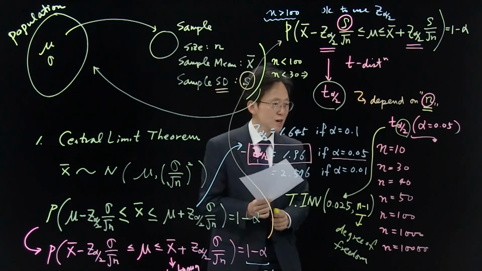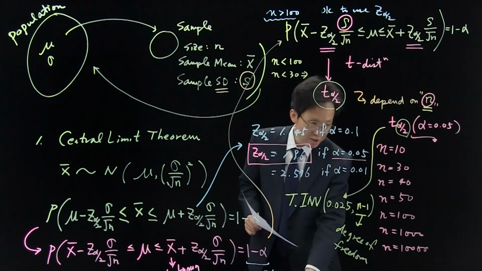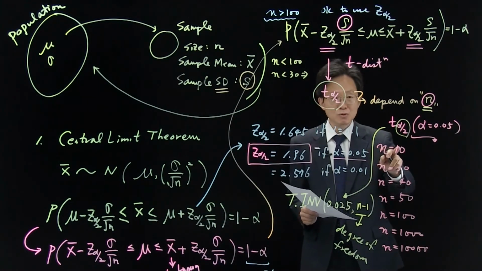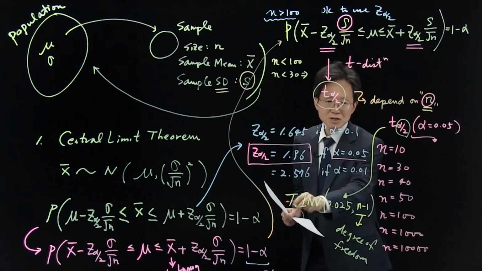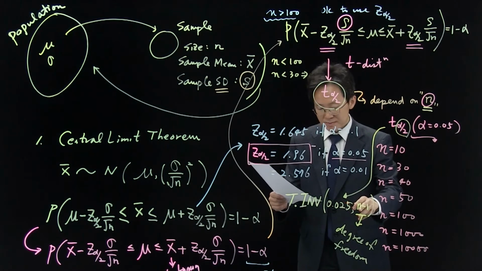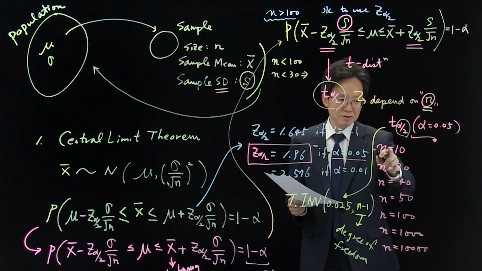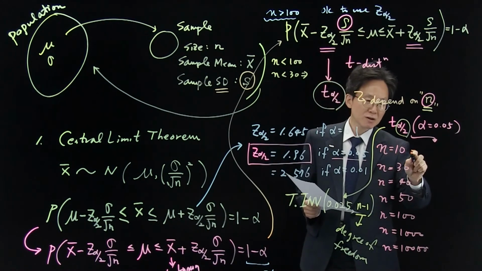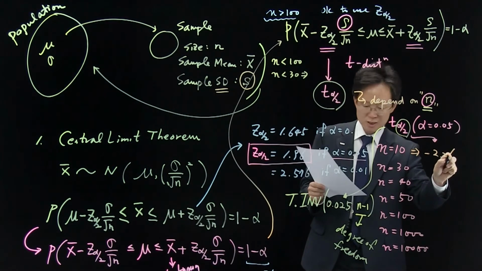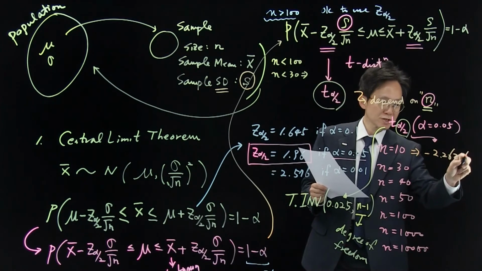Why don't you try these numbers? Let me just give one value when n equals 10. If you type this in your Excel, then when the sample size is 10, the value is going to be minus 2.26216.